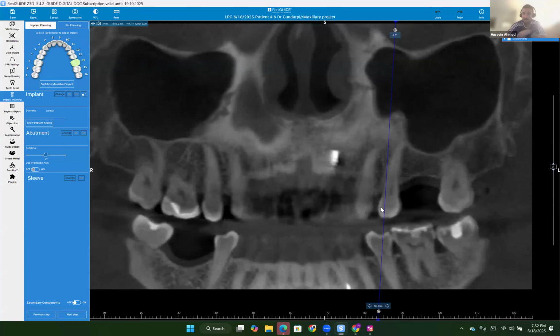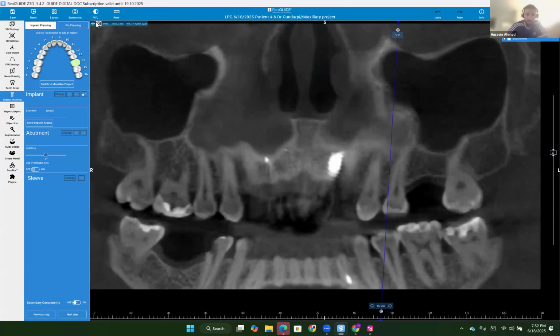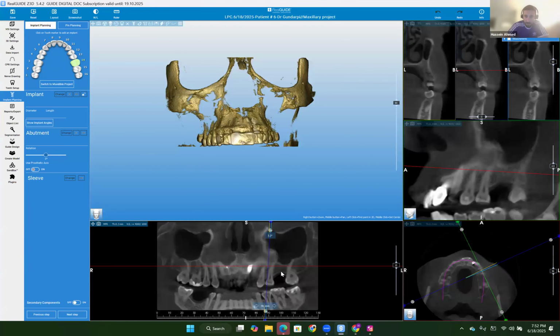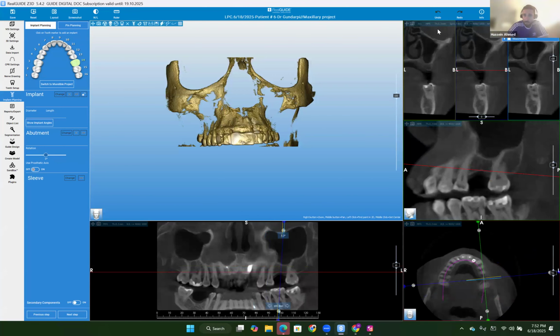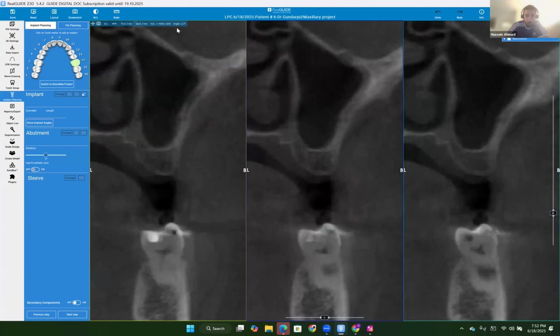So here you go, Dr. Resnick. That's the panoramic image, sir. And I could jump right away into the cross-sectional and take a measurement for you, Doc. Right now, the amount of native bone we've got here, sir, from the sinus to the crest of the ridge is approximately 6 millimeters, Dr. Resnick. Perfect. So the first thing Dr. Hussein's going to do is measure the bone from the crest of the ridge to the floor of the sinus.